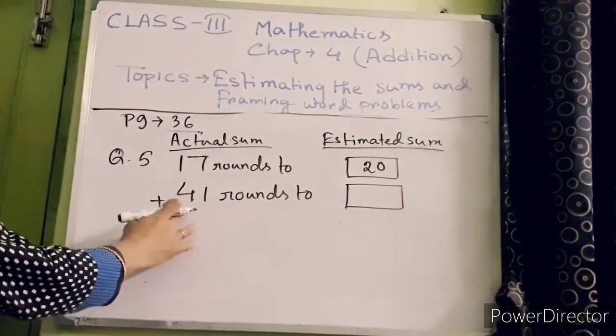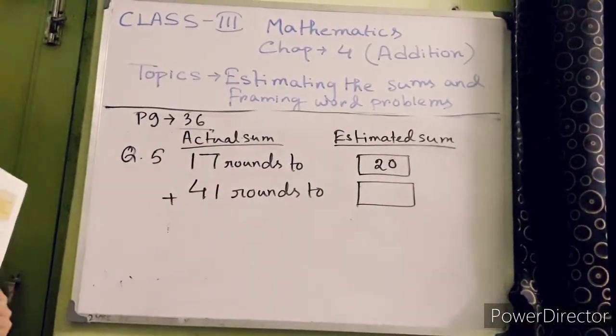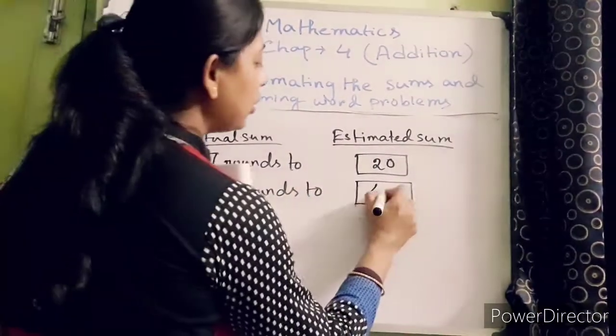Okay. 41: 1 is present in the one or unit place. It is less than 5, so this 41 will be 40.